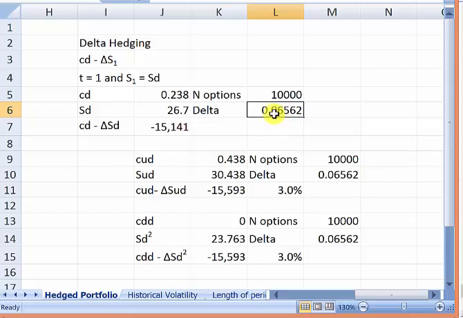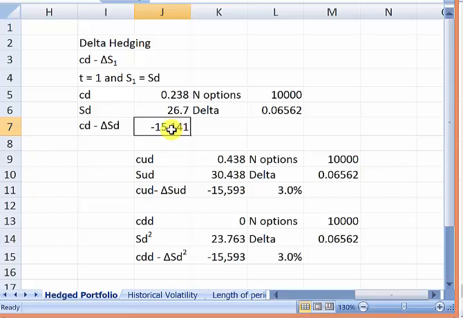Delta is no longer 0.6448. Delta is 0.06562. And then still we use this 10,000 times the call value, and the short underlying at 26.7 times the 10,000 times the delta. That's the new liability.